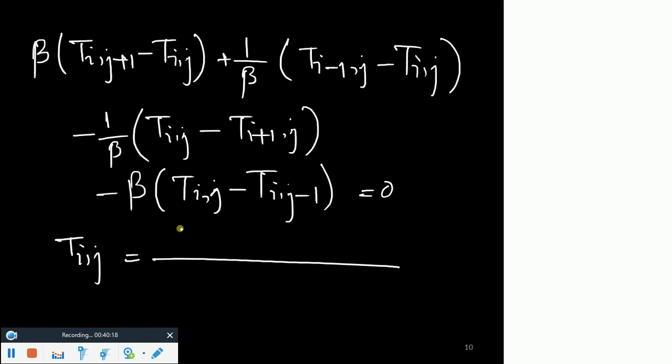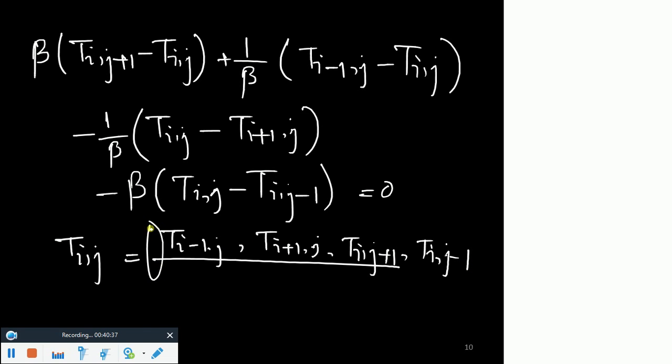Now all the rest of the terms on the right hand side would be having Ti minus 1j, Ti plus 1j, Tij plus 1 and Tij minus 1. Right, now see, and obviously there would be some multiplication factors of beta. Let's say some beta plus 1 over beta would be there.